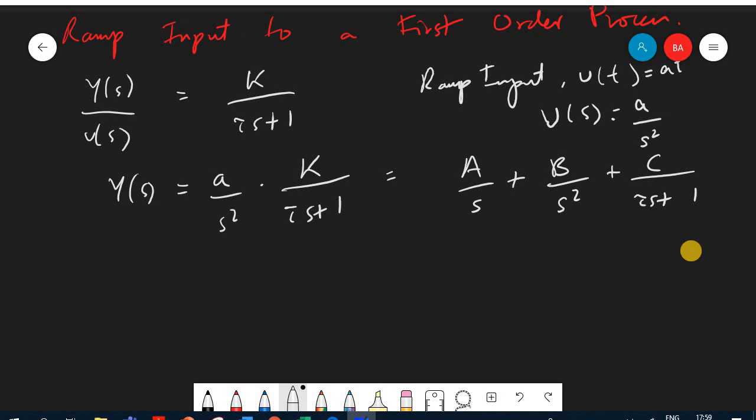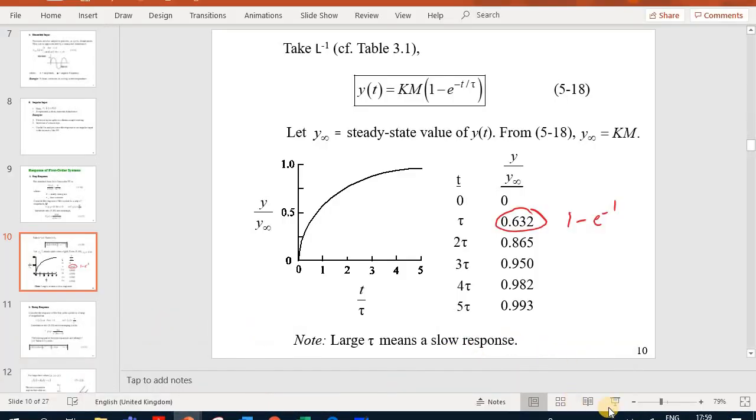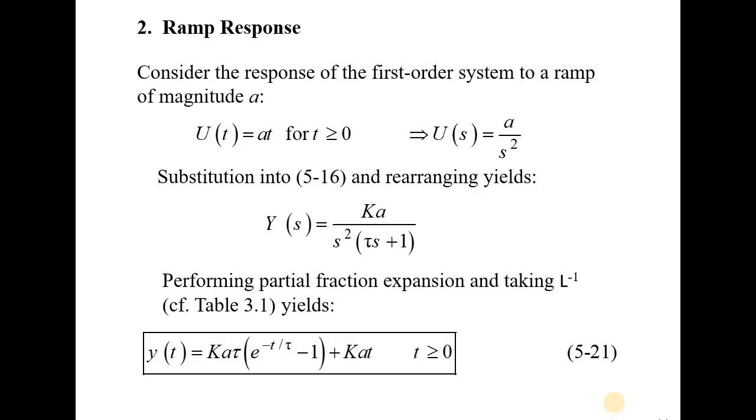So I can see how the answer will look. So, I'm going to have a ramp input, that is at, which is a over s squared, and multiplying by the first order, which is k over tau s plus 1.